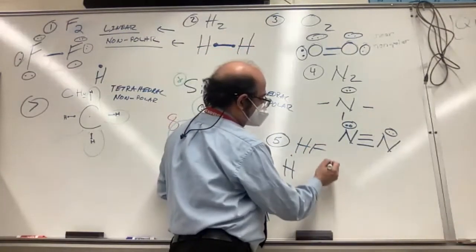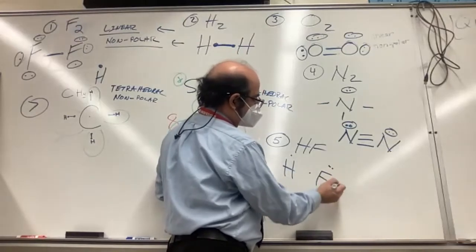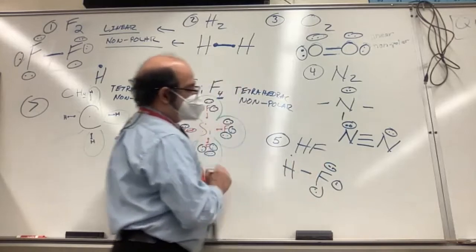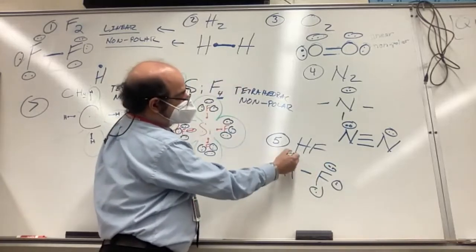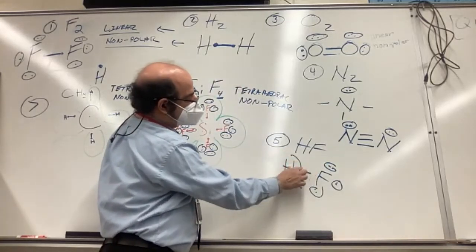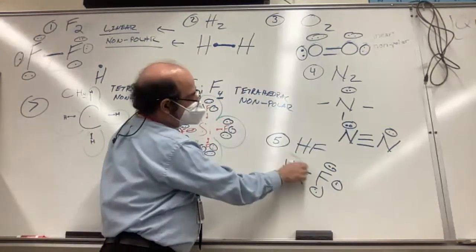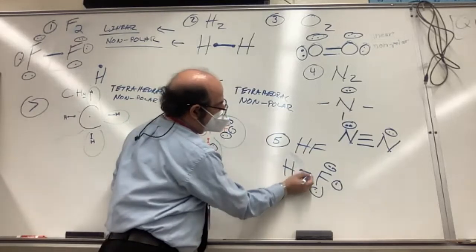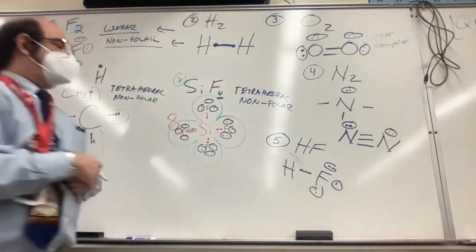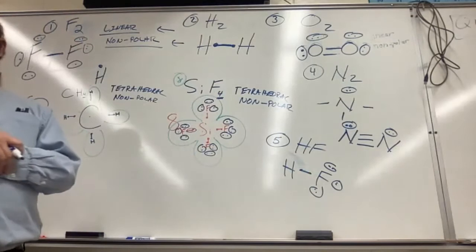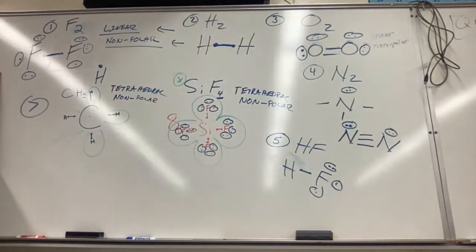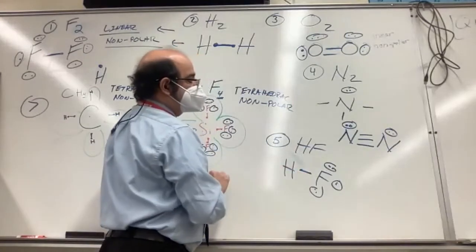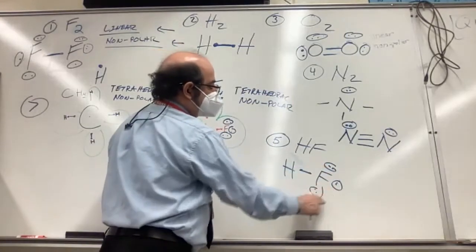F is easy, 1, 2, 3, 4, 5, 6, 7, pair, pair, pair, bond. So now hydrogen has 2, fluorine has 2, 4, 6, 8.